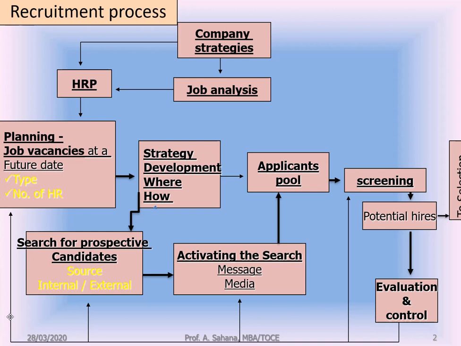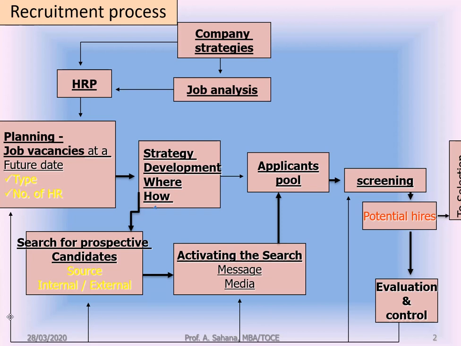Once the screening has been completed and the underqualified and overqualified candidates have been removed, the company is able to generate the potential hires, or what we call the suitable candidates who could further undergo the various steps in the selection process.